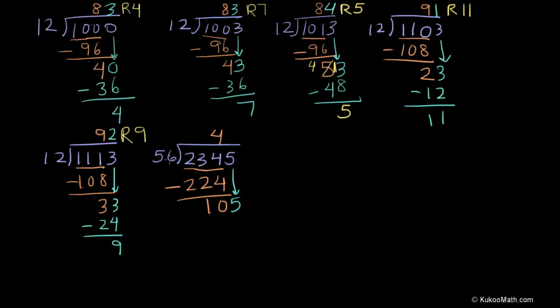The problem is 2 times 56 is too much. So we're just going to do 1. And then we subtract, and we can do this on paper. So first we're going to cross out the 1.